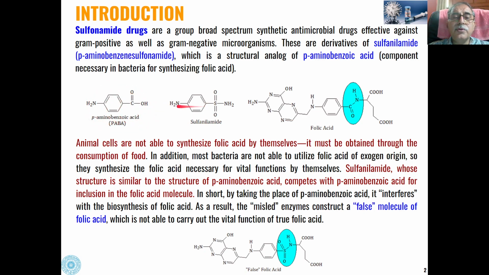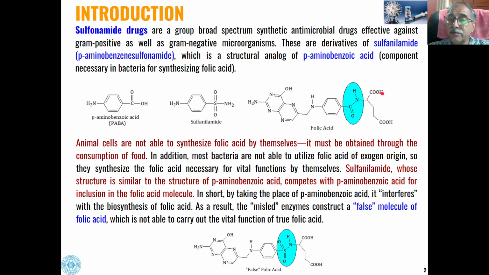And as I have told you, sulfonamides are structural analogs of PABA. When we add these sulfonamide drugs, they have a structure similar to para-aminobenzoic acid, so the sulfonamide will compete with para-aminobenzoic acid for inclusion into the molecule of folic acid.